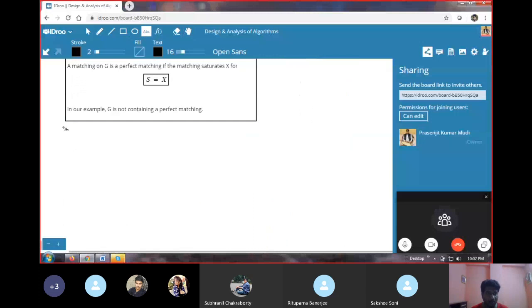Example 2 on composite number. And what is a composite number?